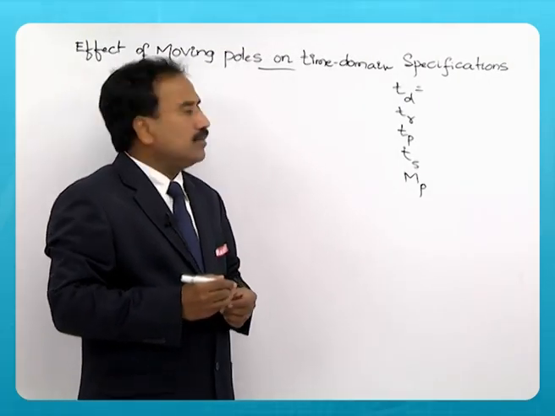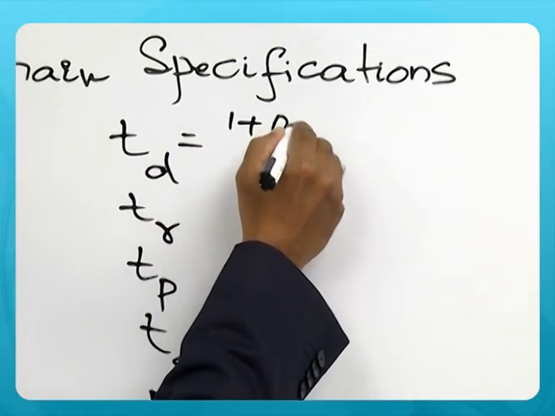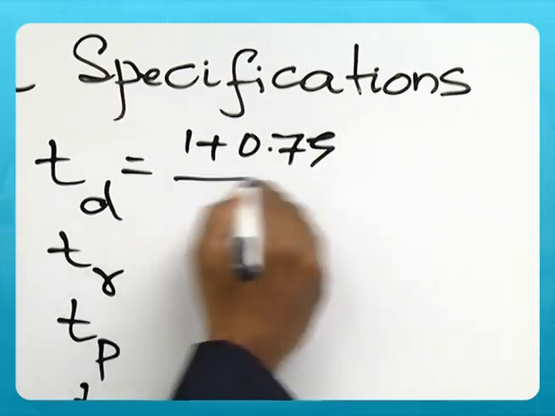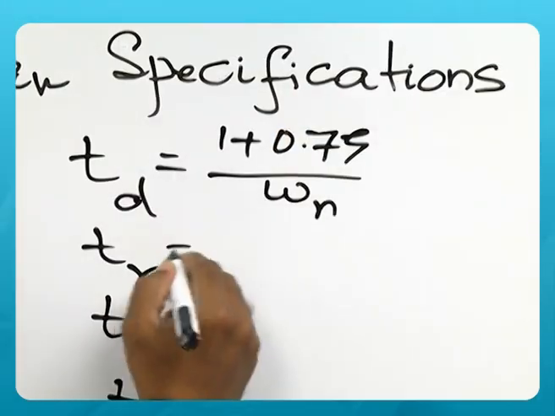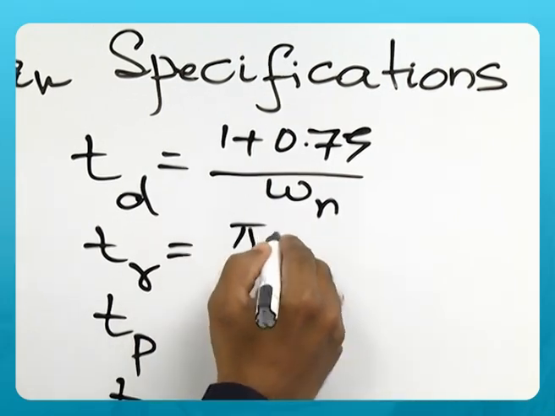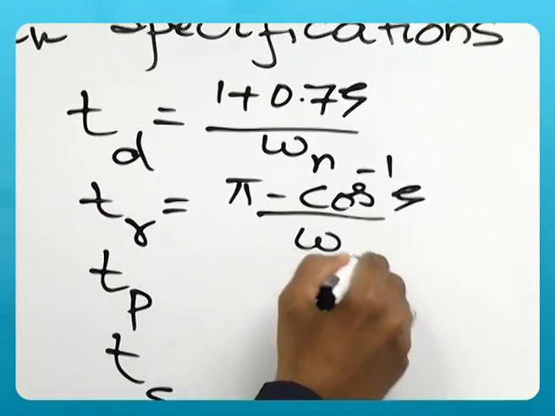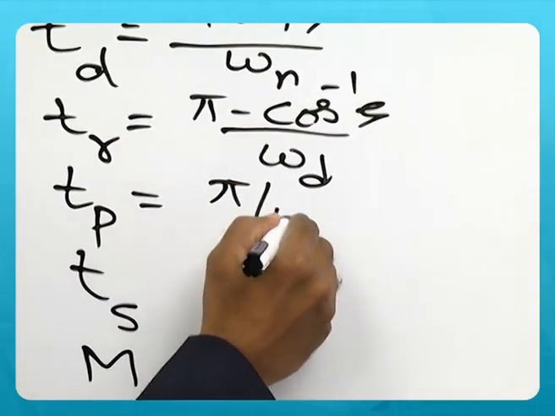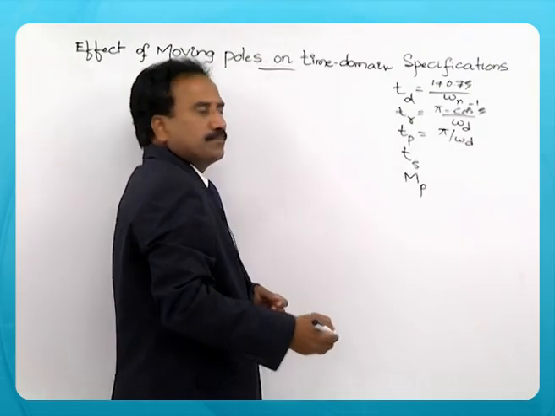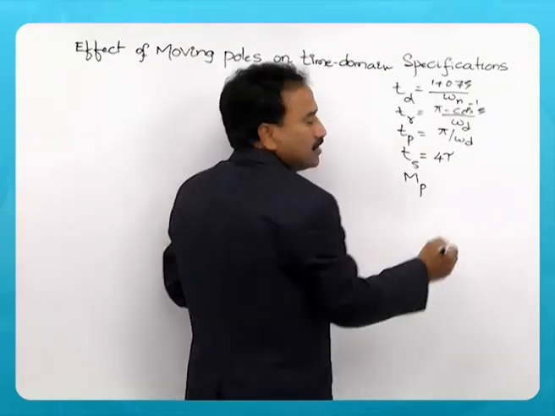and undamped natural frequency. So, delay time is given by 1 plus 0.7 zeta by omega n, and rise time is pi minus cos inverse zeta by omega d, and peak time depends on omega d, and settling time depends on time constant.